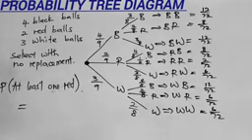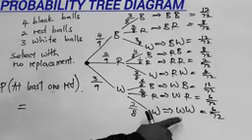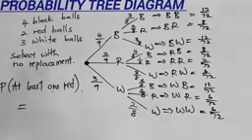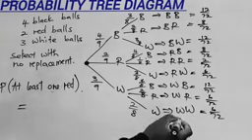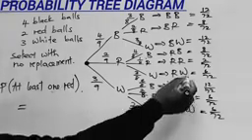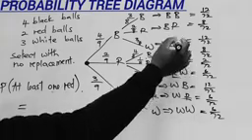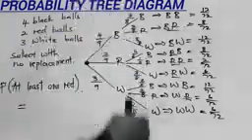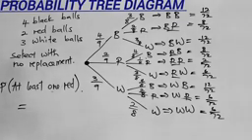So what we do is check where we don't have any red ball. We have white, white, which is 6/72. Then here we have a red ball in each of these other outcomes, so we need to add those probabilities.